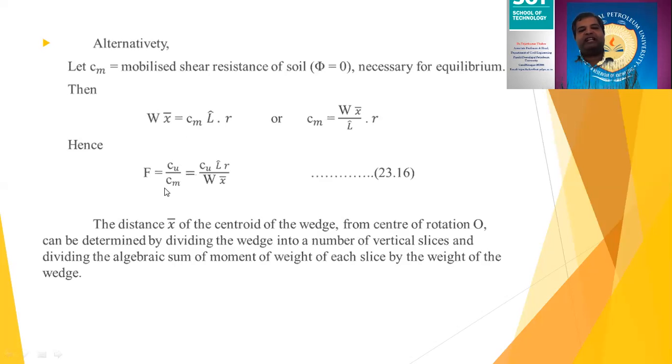Now, if you want to find out the factor of safety in relation to the cohesion, since the phi parameter in this particular type of soil is 0.